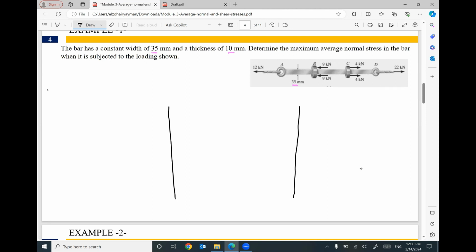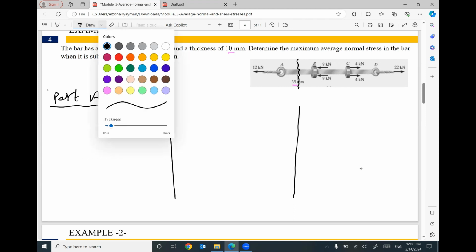So let's start with part AB. I would like to figure out the axial force in this part. So I will go back to engineering mechanics, on how to figure out the axial force in a part of a member.